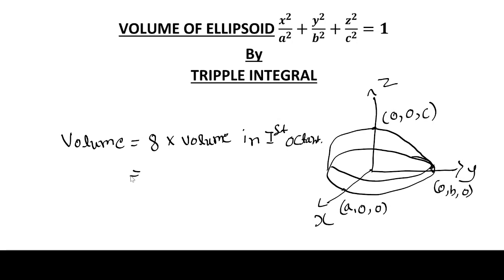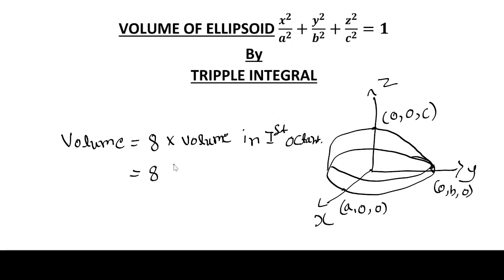That means we have to determine only the volume of this ellipsoid in the first octant. If I multiply that by 8, I will get the volume of the ellipsoid. So I'll take this as 8.